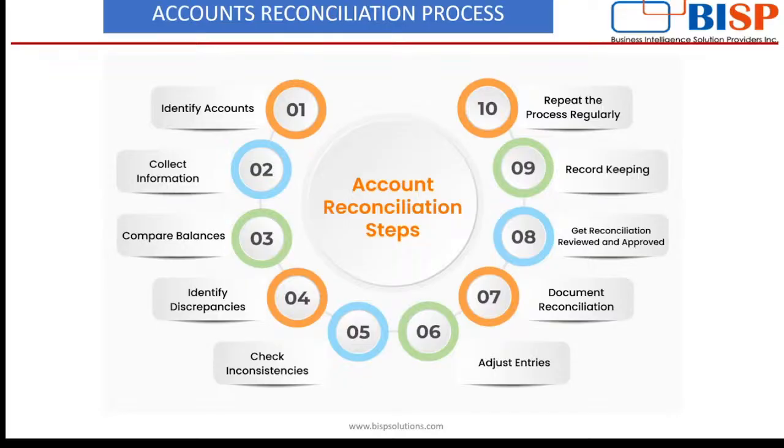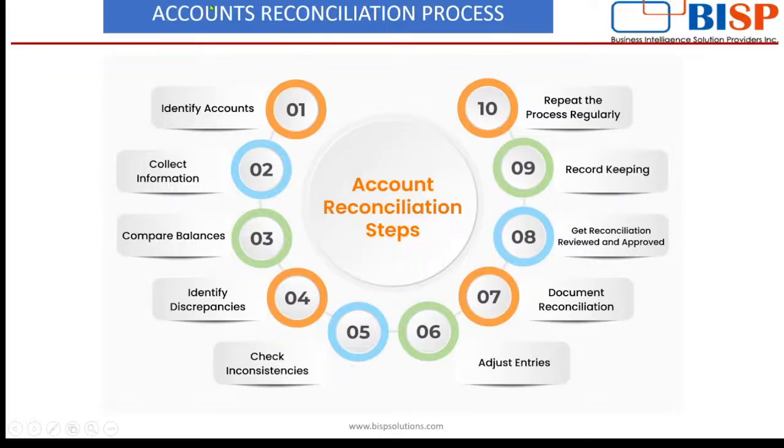You collect all the necessary records, such as your general ledger, your reports and the bank statement. After collecting this, you compare the balances. You look at the ending balances in both records to see if they match. If they do not match, you identify the discrepancies.